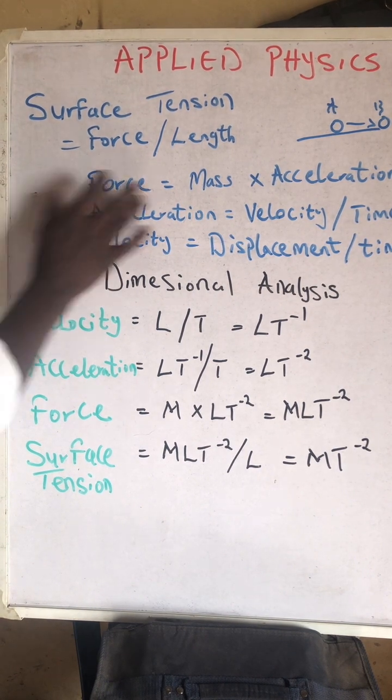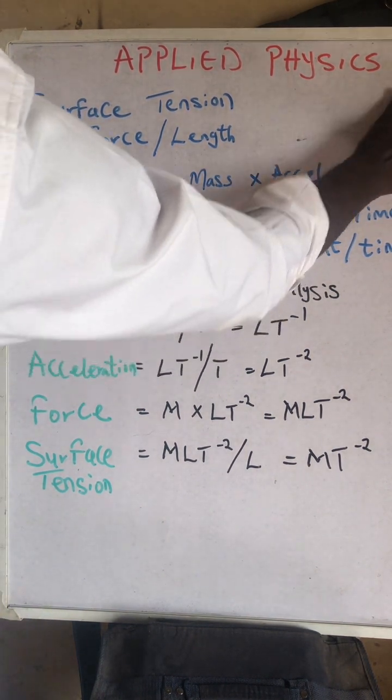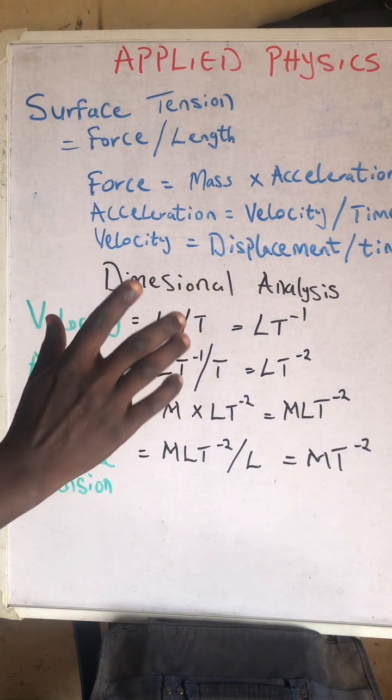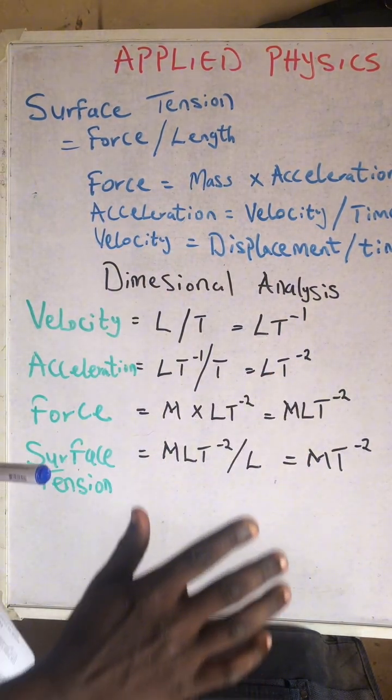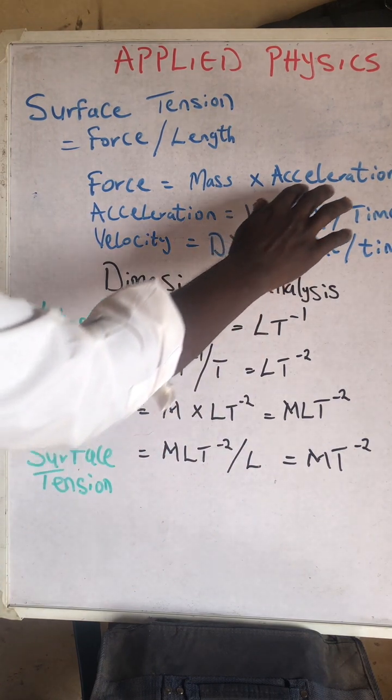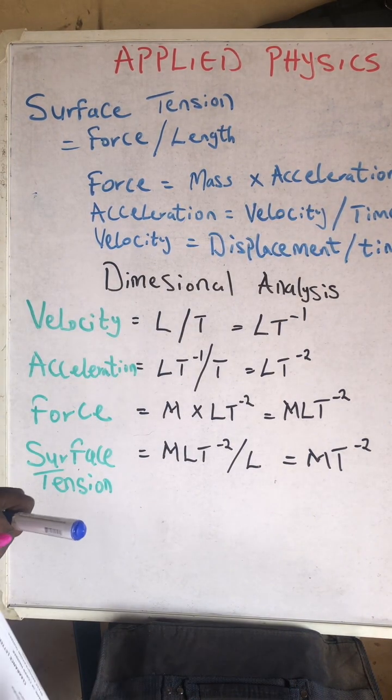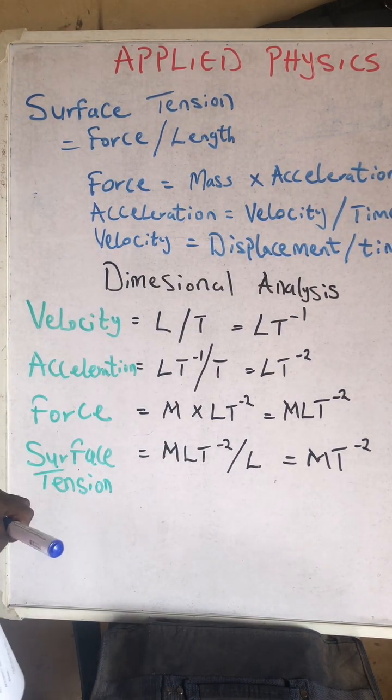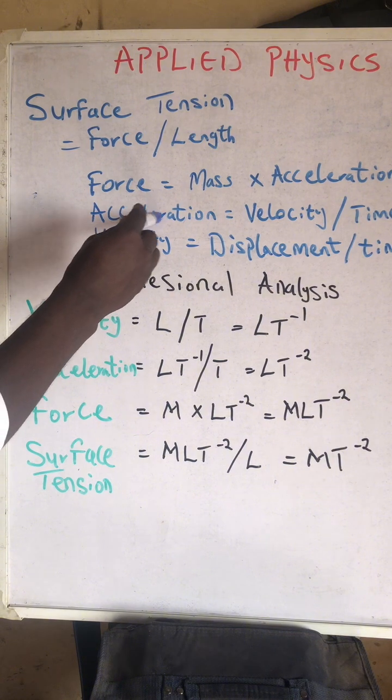But we are not going into that right now. Unlike mass, acceleration is a derived quantity, and it has a derived unit. So we are going to be breaking down acceleration.